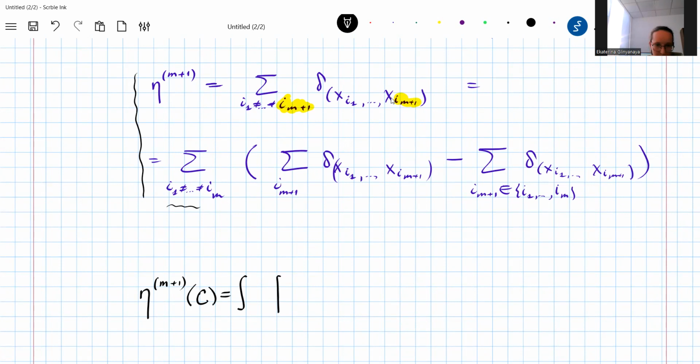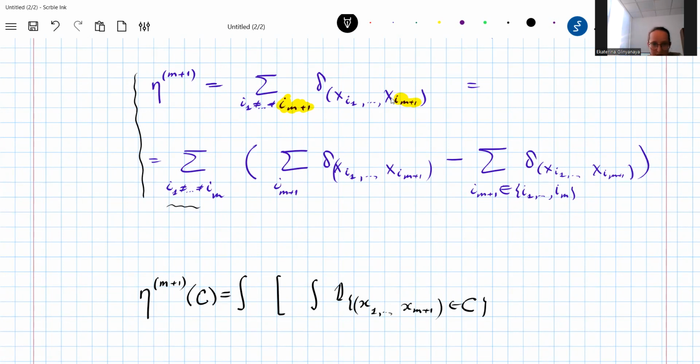Then I open brackets, and here I write the integral over the indicator that x1 and so on, x_(m plus 1), such a vector belongs to C.